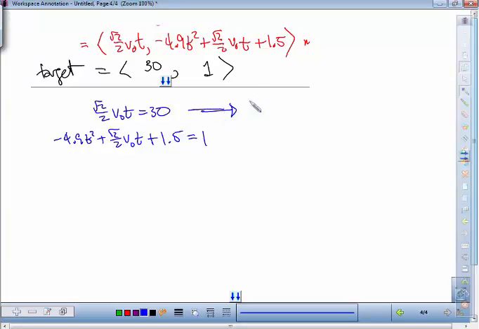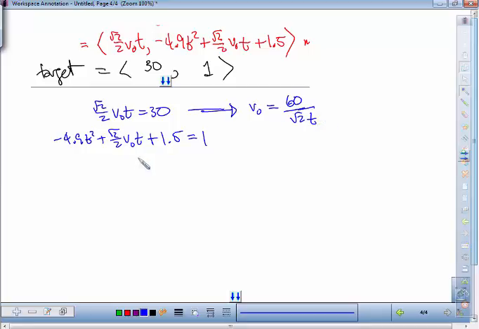So let's solve for v naught here. V naught is equal to 30, 60 over root 2, and then the t goes in the bottom also.